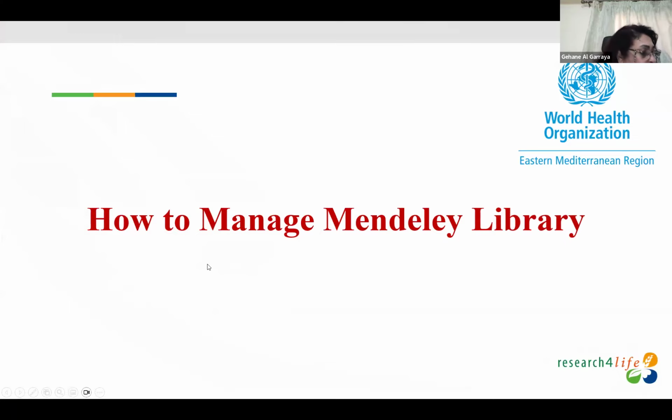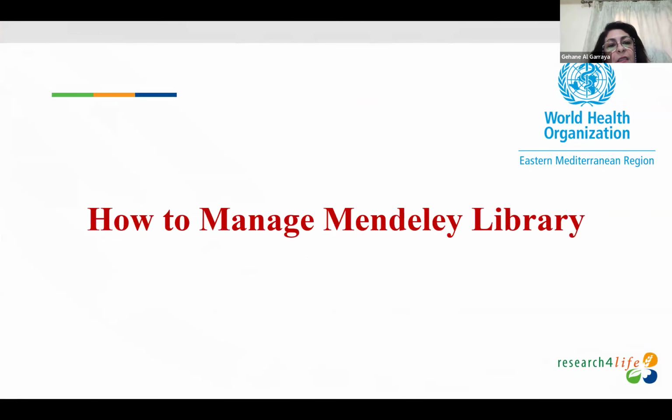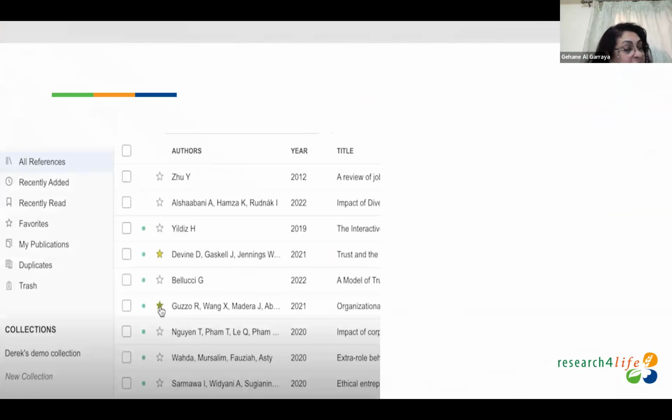So now, how to manage your Mendeley library. Let's talk about this. Actually, Mendeley gave us many options. The first one is to add our references to a favorite list. To do this, just click on the star beside any of your references.